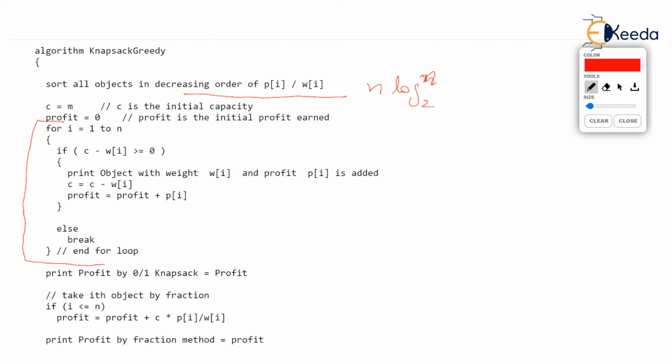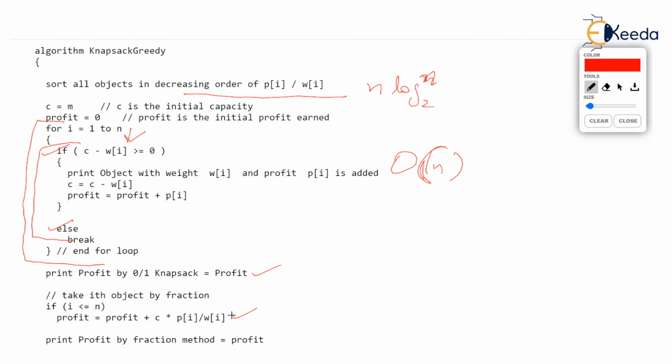The for loop is going to take order of n, because it repeats n times and it has an if-else, so you can count this entire unit as one unit of work, repeated n times, so it is O(n). After that there are simply prints, which we don't count.